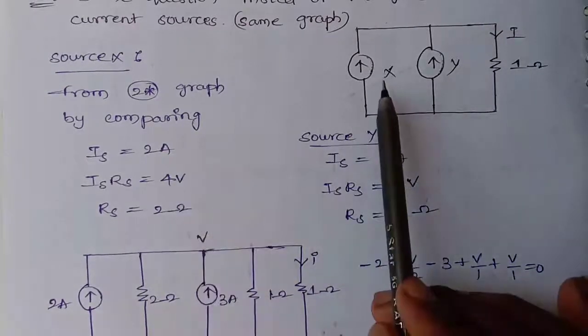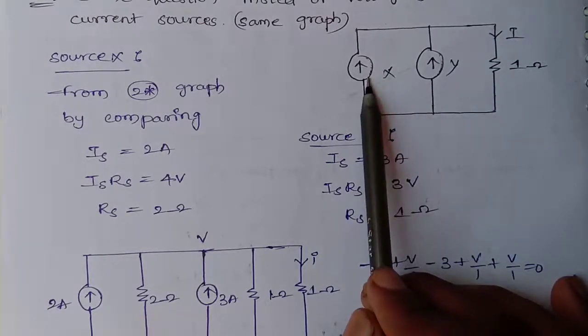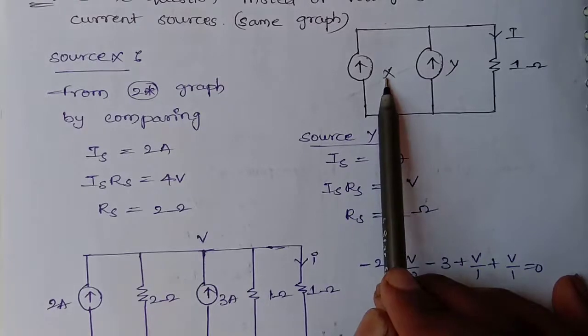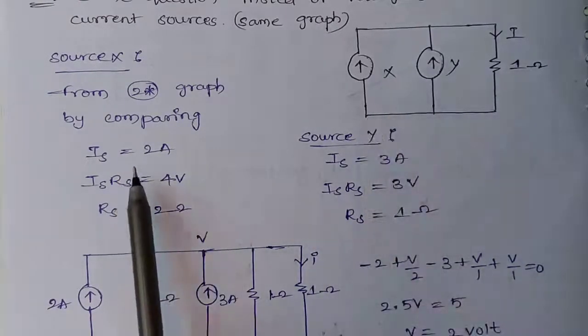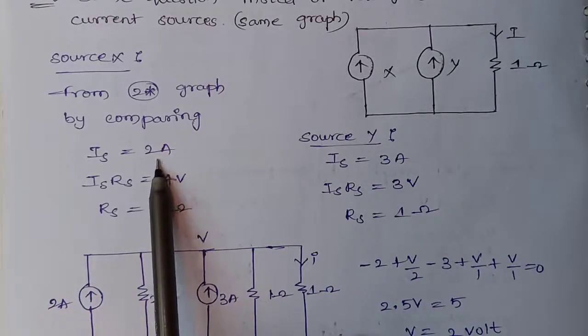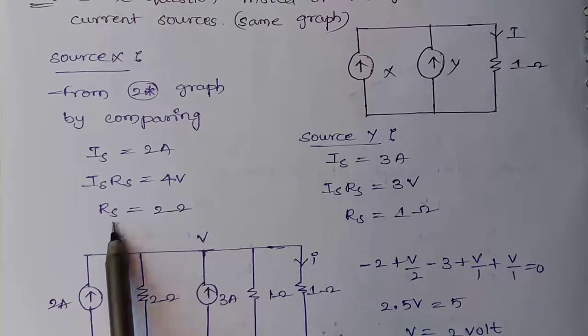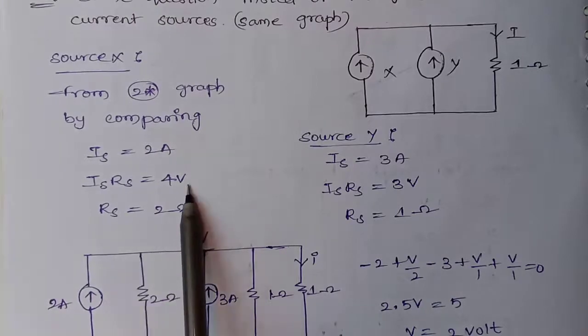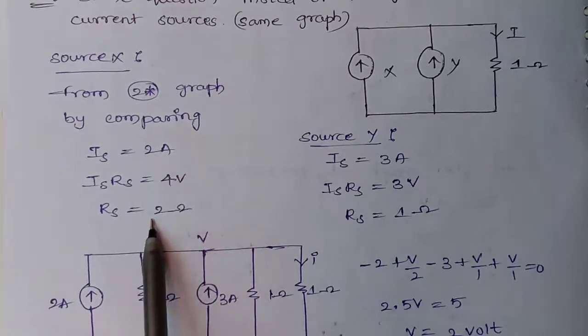We need to find out the current source value of the source X and the internal resistance of this source X. The internal resistance will become voltage divided by current, 4 divided by 2, that will become 2 ohms.